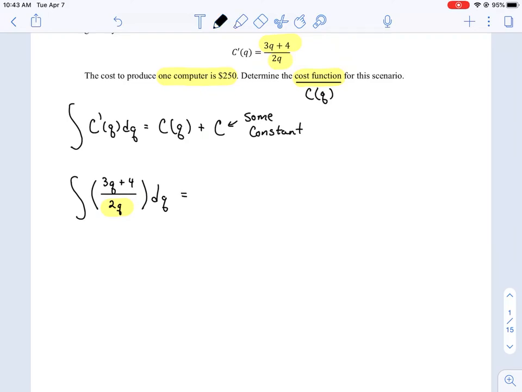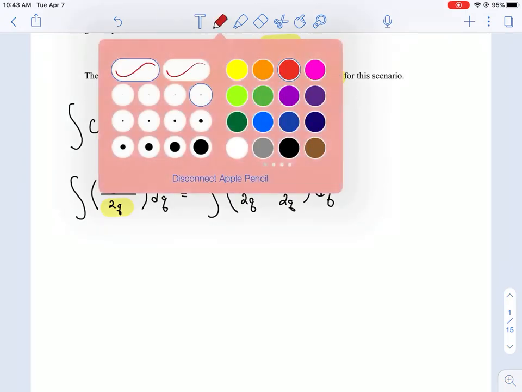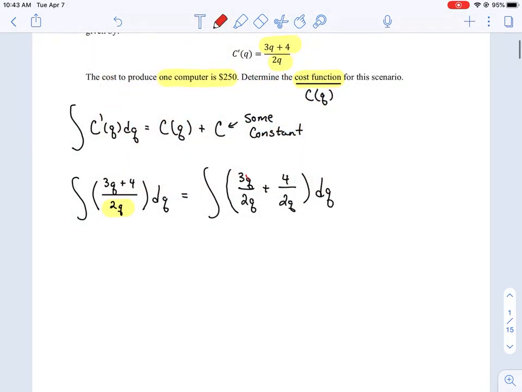So I'm going to split this rational expression into the sum of two rational expressions, like such. And then you may notice that the Q in the numerator and the Q in the denominator divide in the first term, and 4 divided by 2 in the second term is 2.